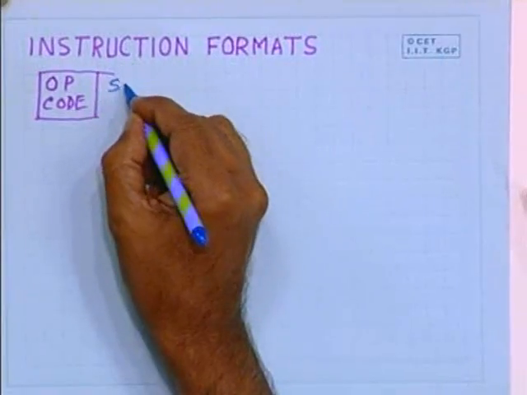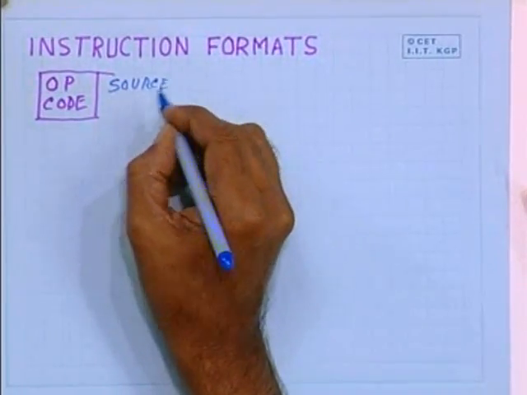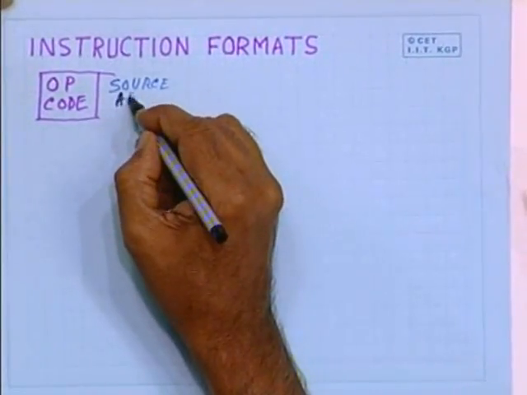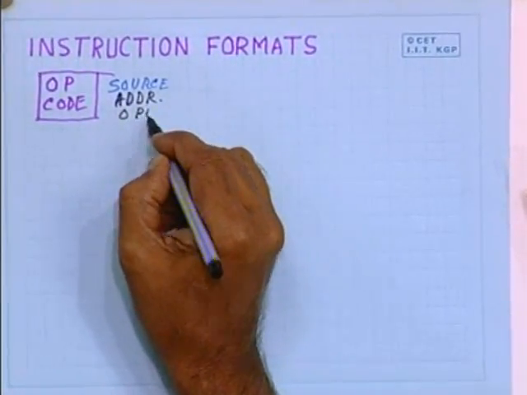What are the other components necessary, which have to be conveyed to the CPU to execute an instruction? First of all, it must have the source address of operand 1.